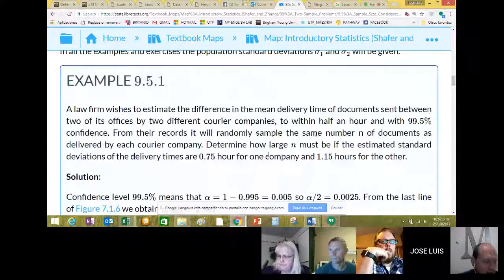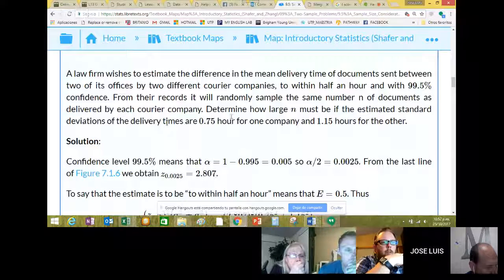Well, here, let's look at it. Can you see the example? Look. Talk again, Jose. Okay, look at the example. I'm sharing an example. They gave us 99.5% of confidence. Look at the alpha, it is 1 minus that number.